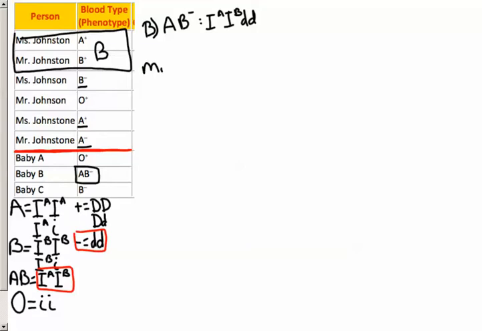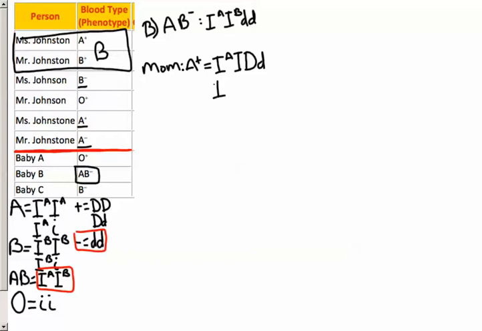So let's try to figure out the mom's genotype. So she's A positive, so her genotype would be I A, and because she's positive, she has to have one big D. Because the baby is negative, the baby has to get a little d from the mom and the dad, so we know that she will have a little d allele.